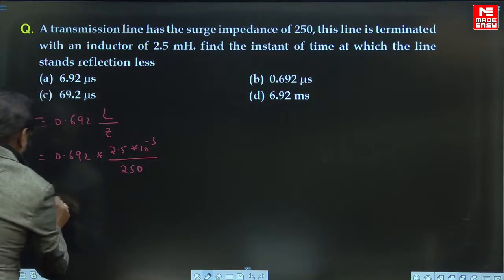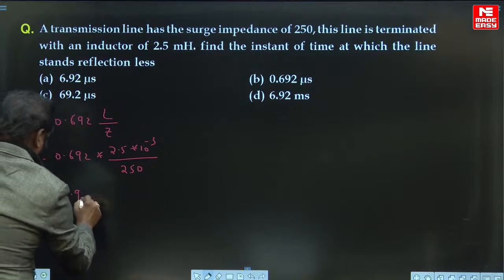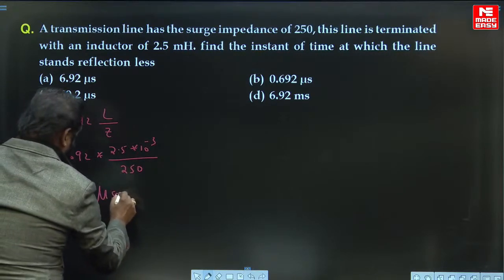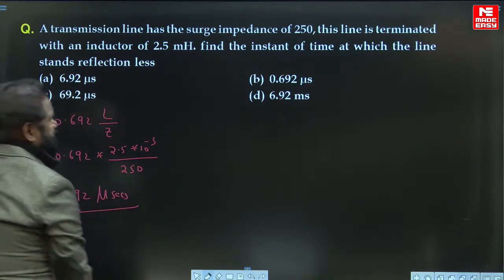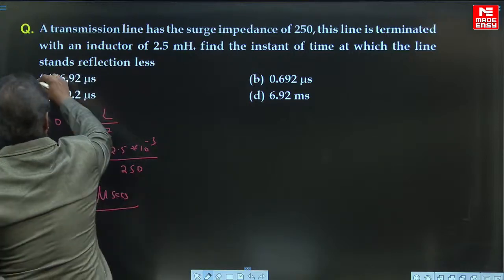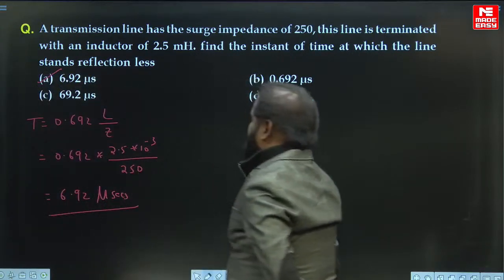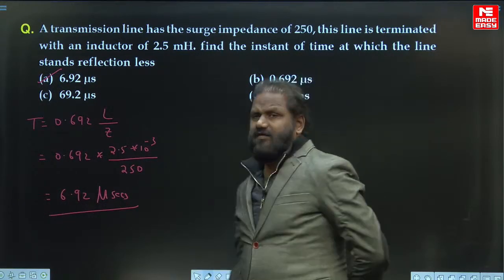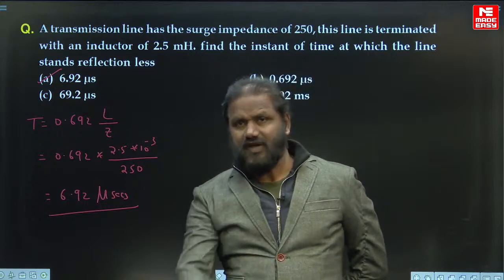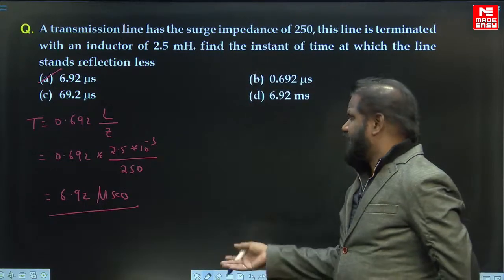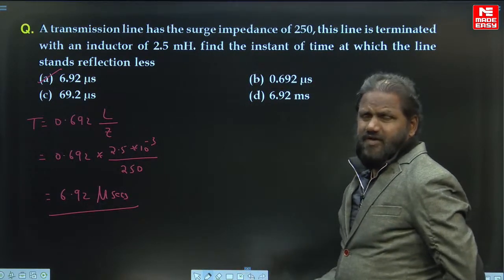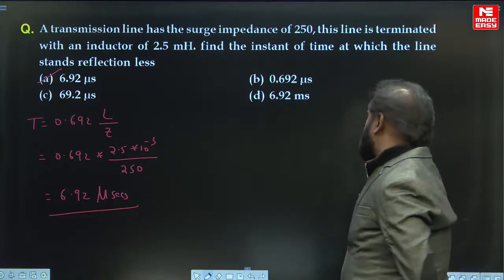This equals 6.92 microseconds. So where is the answer? 6.92 microseconds. A is the right answer. So this is the formula that you can have. That's what I am saying: you have to derive the formula on your own in the examination hall, otherwise it is not possible.